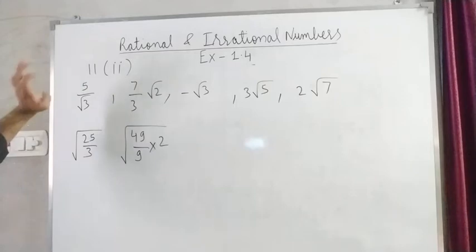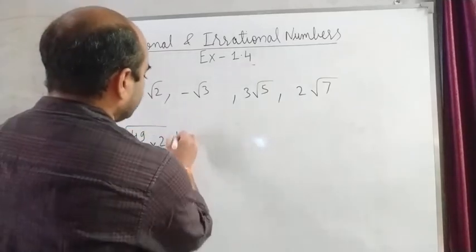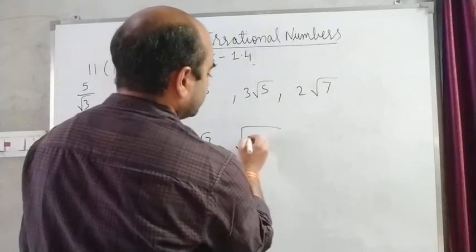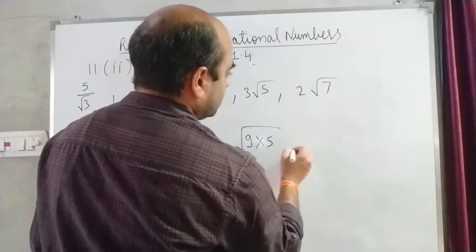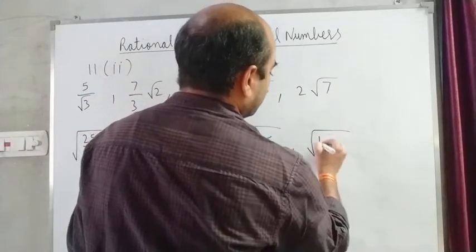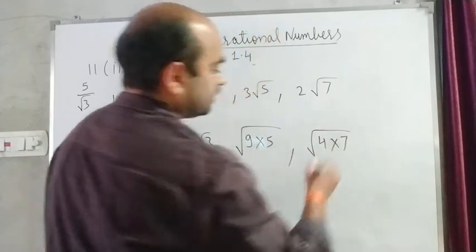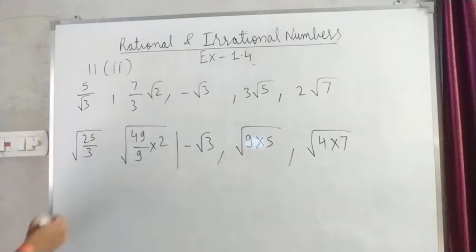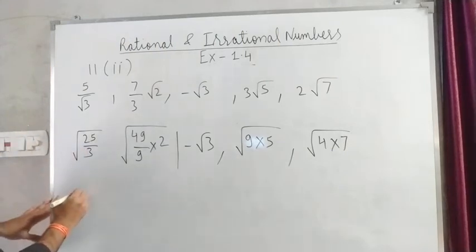Minus root 3 will remain same. 3 root 5 means 9 into 5. 2 root 7 means 4 into 7. Correct?